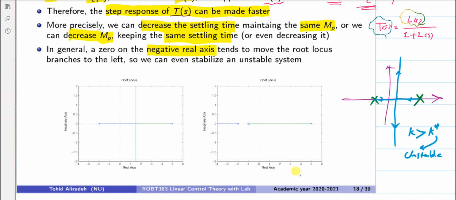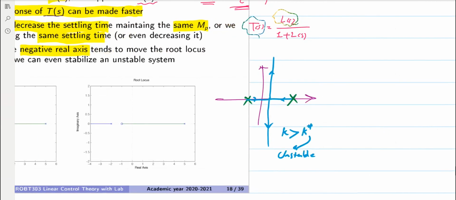But now, if we introduce a 0 to this system, let me just redraw it. We have the same poles, and now I introduce a 0. Let's put the 0 here.